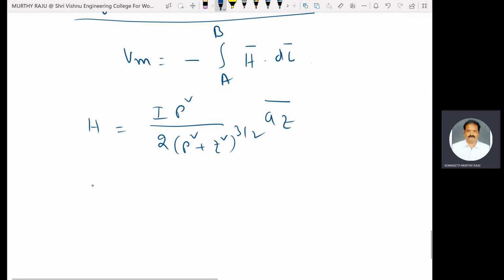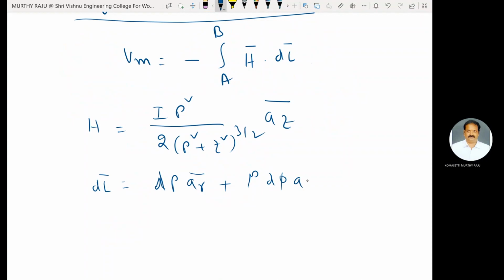In the case of the cylindrical coordinate system, dl bar is equal to d rho a rho bar plus rho d phi a phi bar plus dz az bar.